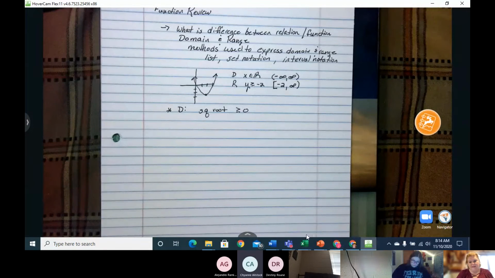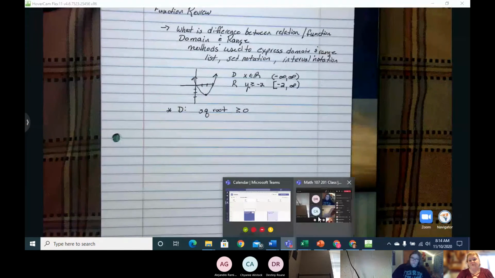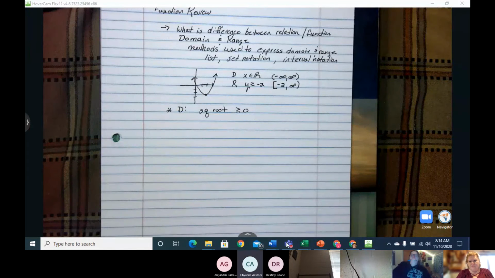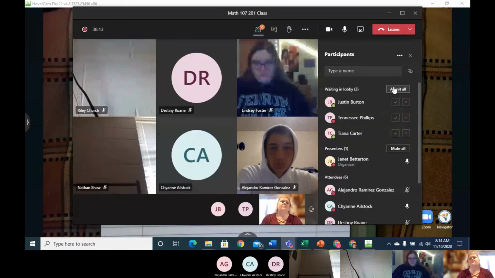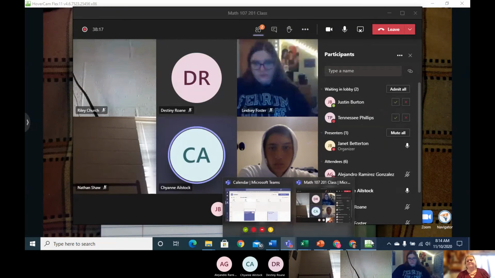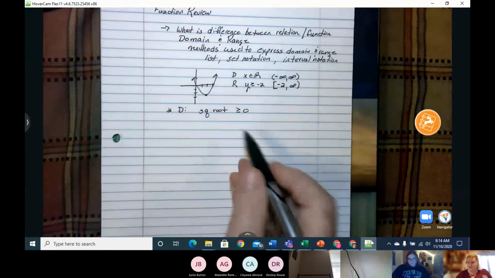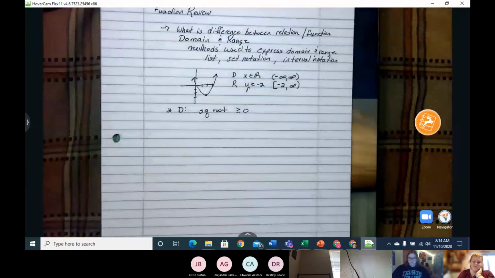So be careful about your domain problems for square roots. Be sure that you remember, in terms of writing domain, to allow that to happen. That is a restriction that we have to think about for domain with square root functions.